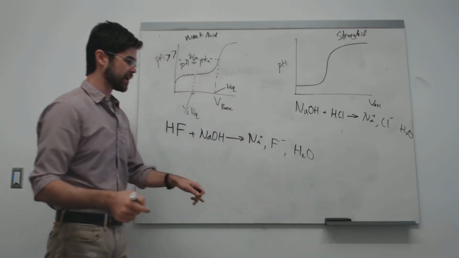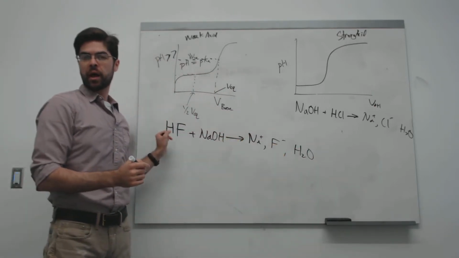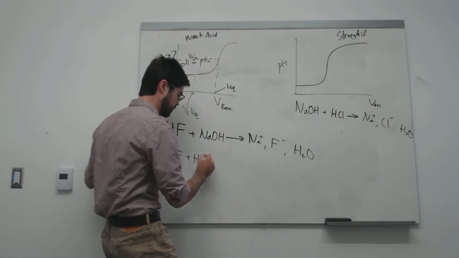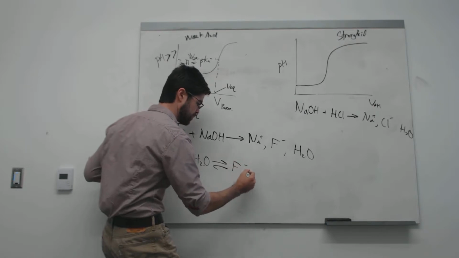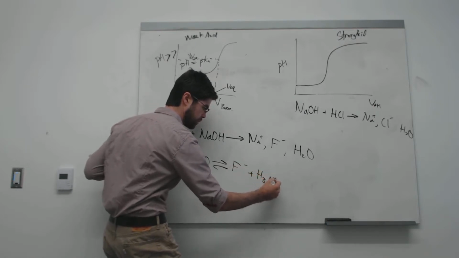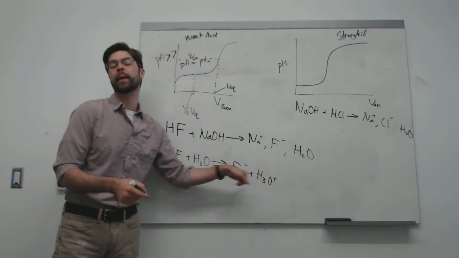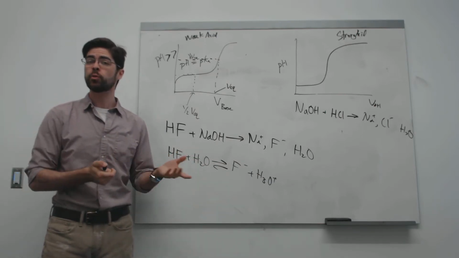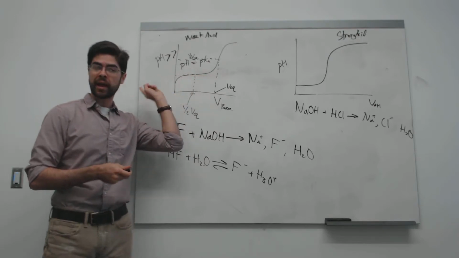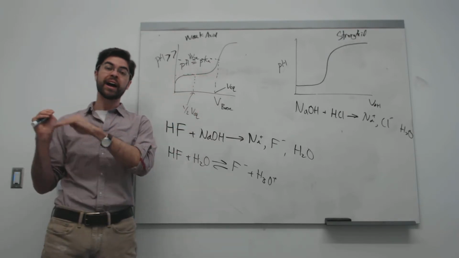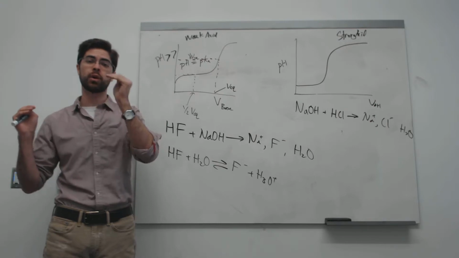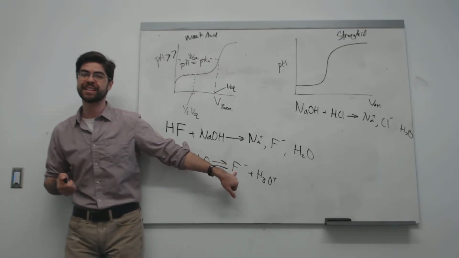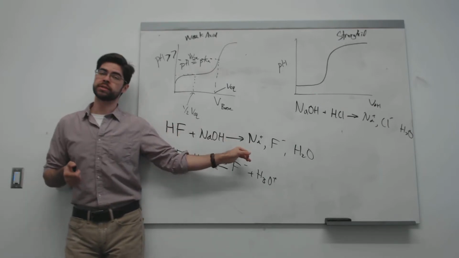But the fluoride ion is the conjugate base of a weak acid, so it has a tendency to take back protons and become HF. So when you're titrating a weak acid, you will have an acidic component present, and you will also have a basic component present, where the basic component is the product of this neutralization reaction.